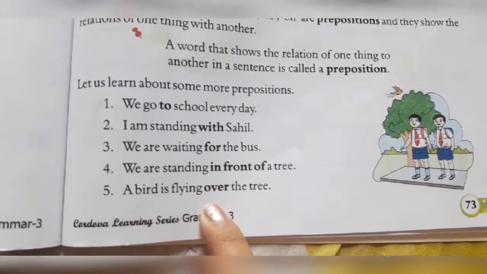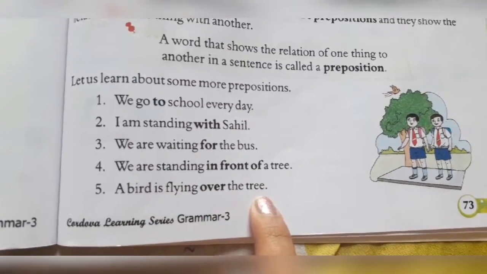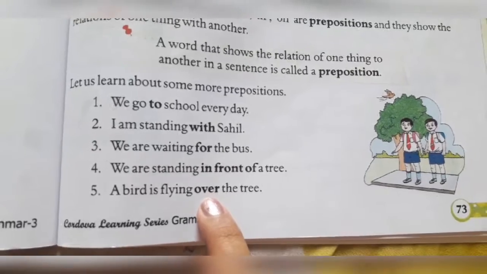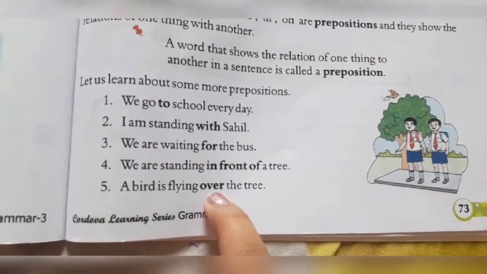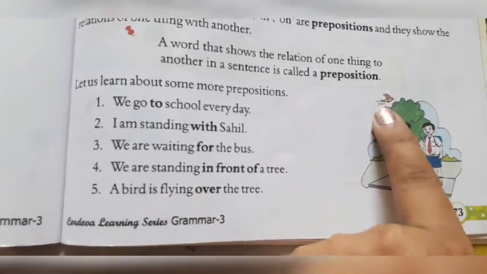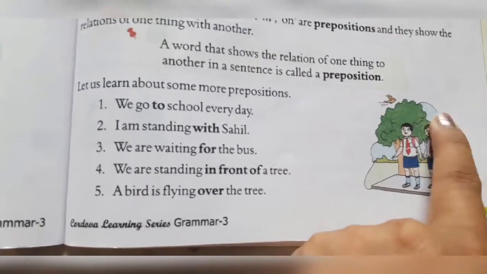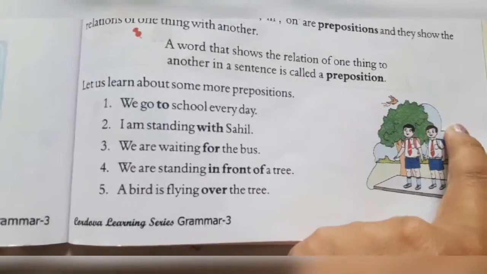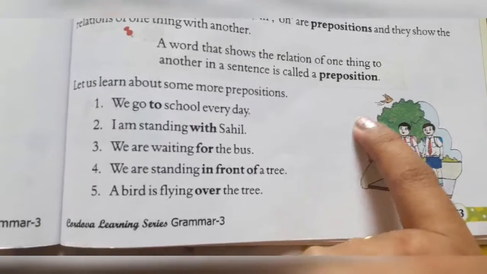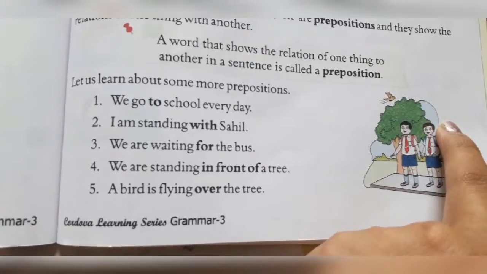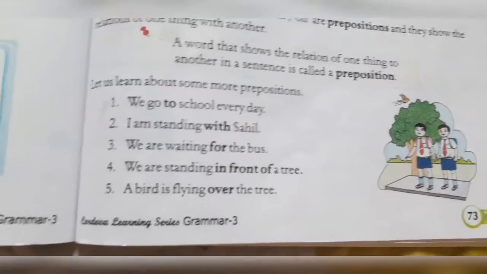A bird is flying over the tree. Here, the preposition over is showing that the bird is flying over the tree. Over means crossing the tree above the surface of the tree. Right? It is passing over the tree.